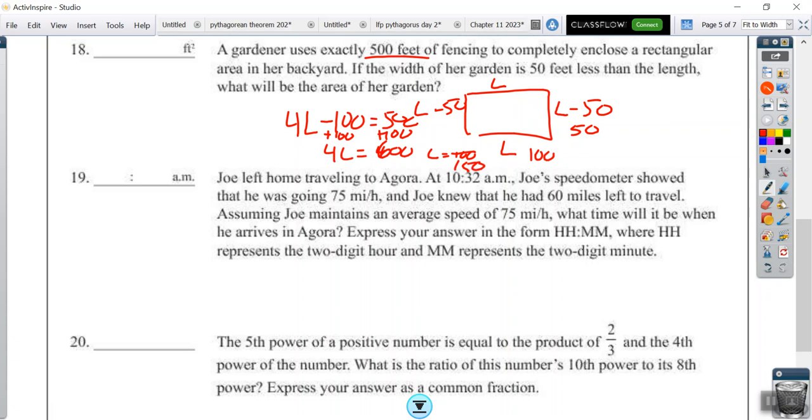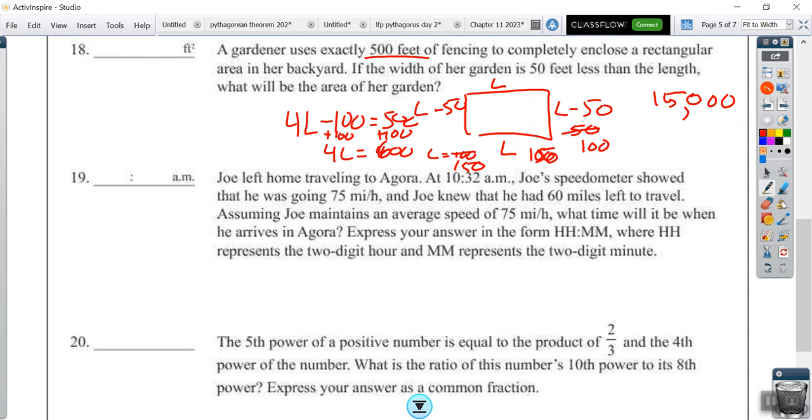And so if the length is 150, that means the width has to be 100. The reason why I knew I was wrong was because 100 plus 50 multiplied by 2 does not equal 500. So we have 150 times 100, and so there we go, 15,000.